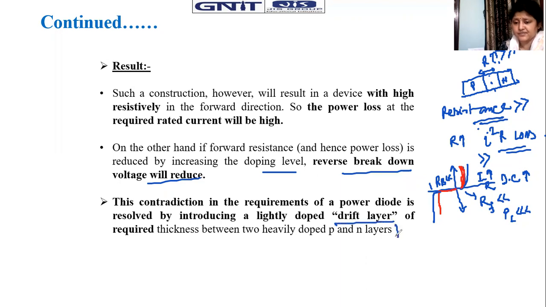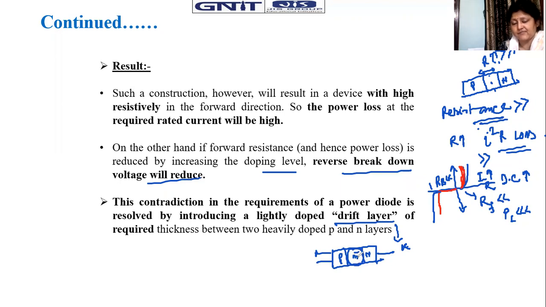It is an extra layer. Within the PN junction, with P and N connected to anode and cathode, we have an N minus layer, an extra layer epitaxially grown, which we have introduced in the case of the power diode.